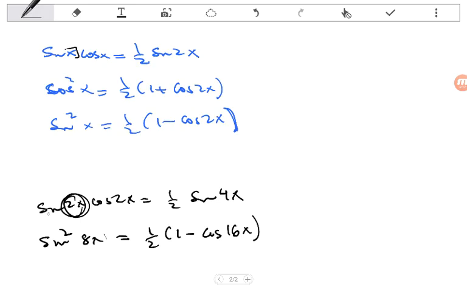Okay, why am I calling it reduction of order? Because always on this side we have a second order or second degree term, and sine and cosine I treat as the same level of difficulty. So this is a second degree term, and they are converted to a first degree term, cosine power 1 or sine power 1.